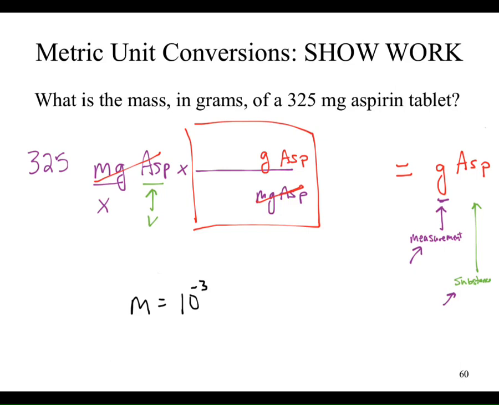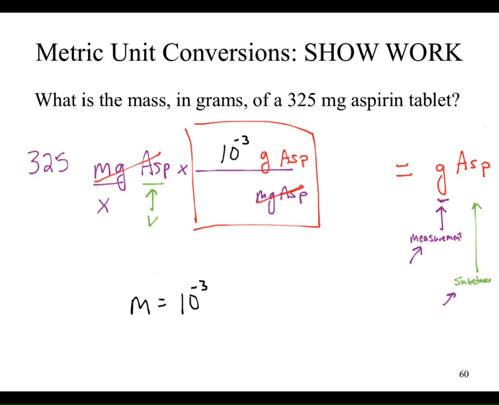Well, the core unit, or the root unit, is grams. So we would write 10 to the minus 3. We know it has to go up there because what did we say milli was? Milli is the same thing as 10 to the minus 3. So those numbers would theoretically cancel and we'd be multiplying by 1, which is what I'm allowed to do.